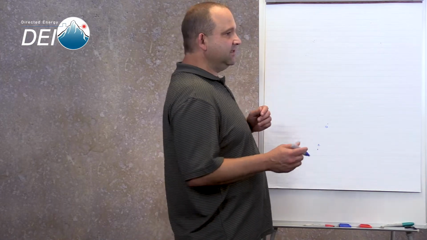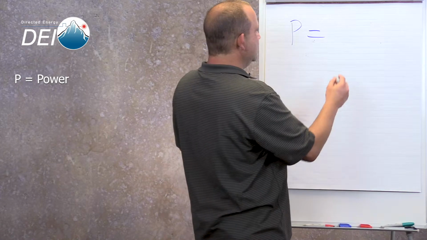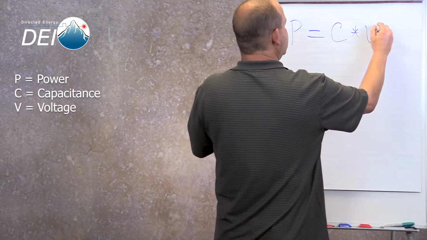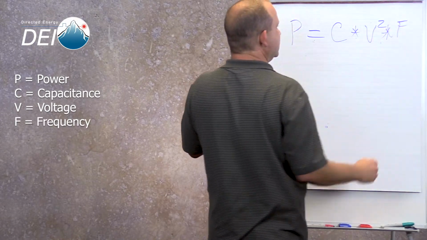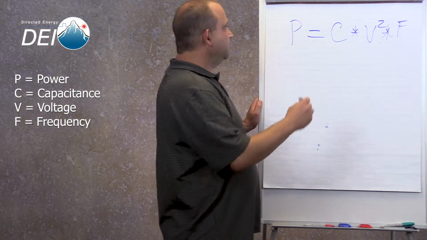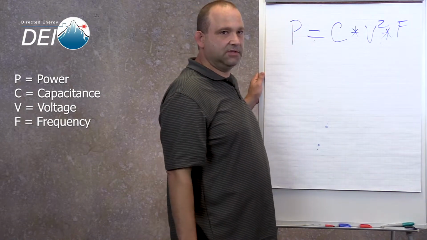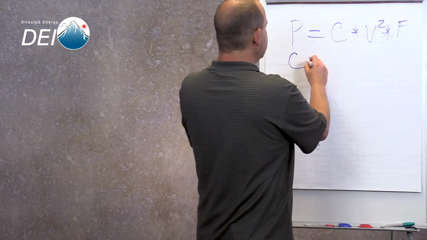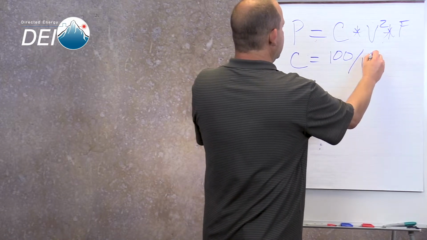Now in order to determine this, power is your capacitance times your voltage squared times frequency. So we want to know what our capacitance is because we already know what our power is, which is 100 watts. So now we want to figure out what C is, equals 100 divided by your voltage squared.